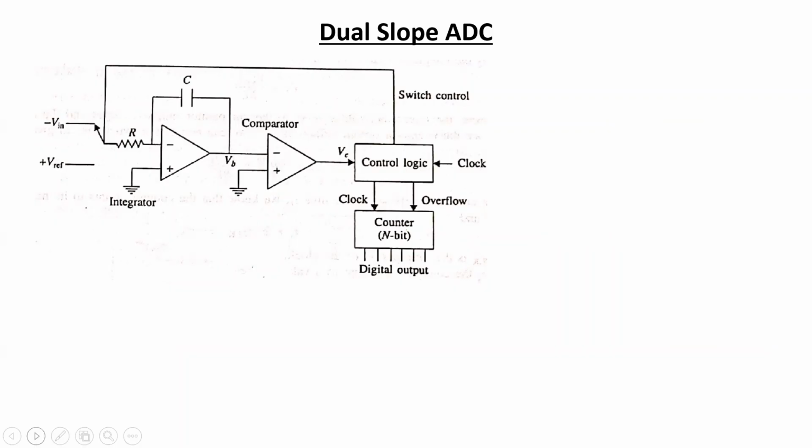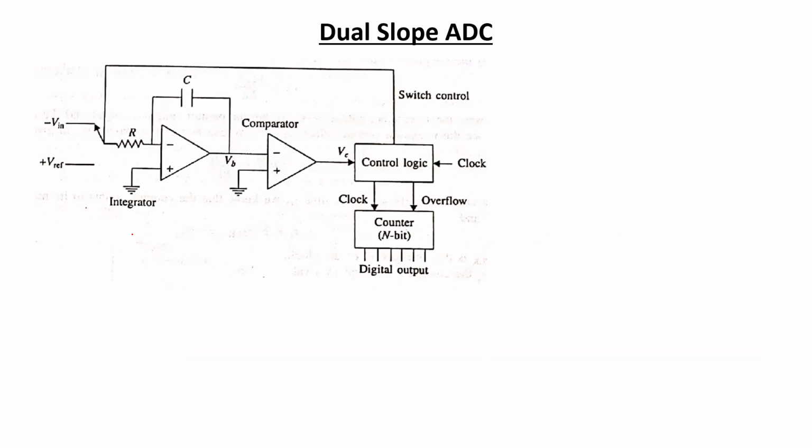Now, in case of dual slope ADC, similarly, first of all, a block diagram is representing the necessary elements for completing the conversion process.